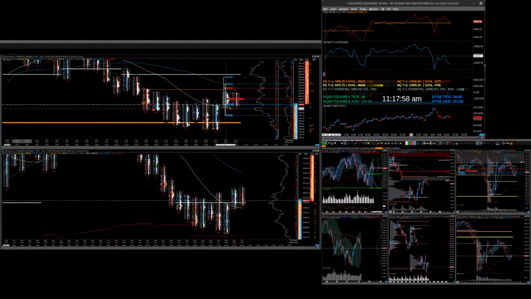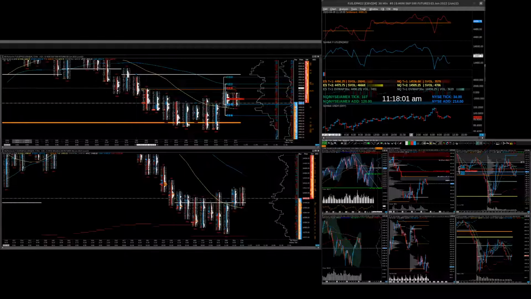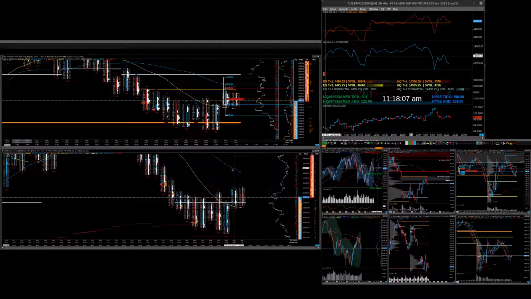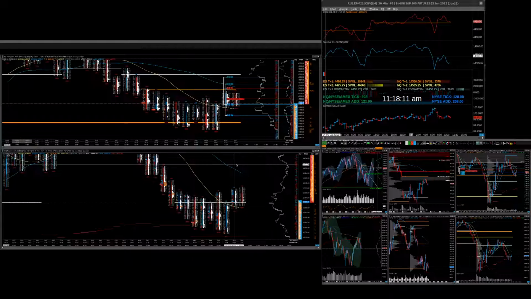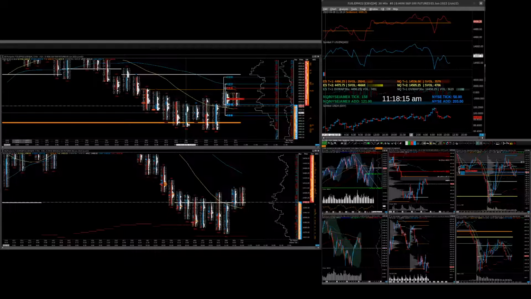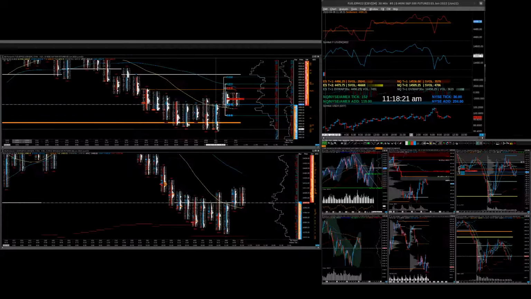So I'm just looking for an entry right above here with a really tight stop. So I'm just looking for 3 points, or maybe even 2. Who knows? We'll see how the market plays out here. We got a little volume build short term right in this area, right, with ice down here.